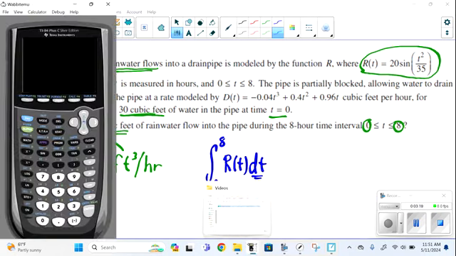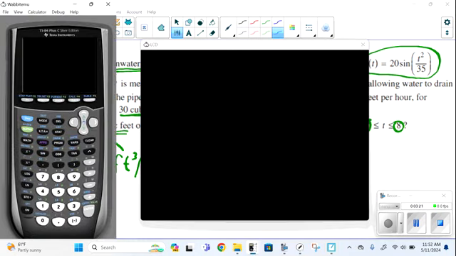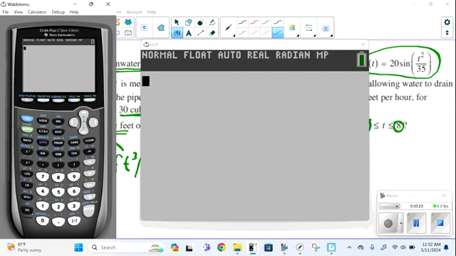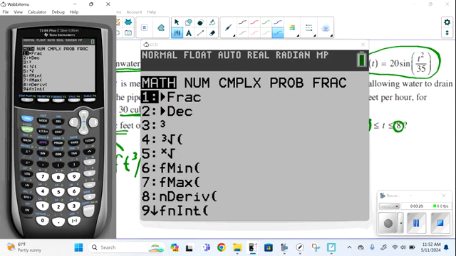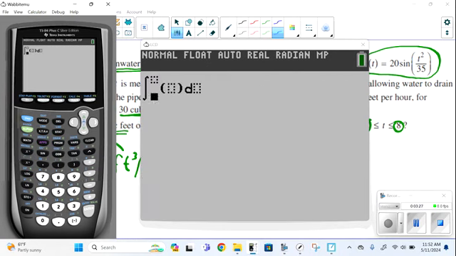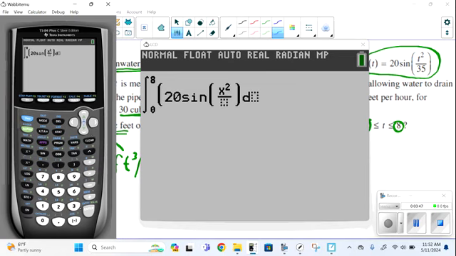So here we go. Let's turn this on, and we are going to go math. 9 is my integration from 0 to 8, and I'm just going to put r of t into the integral. So we have 20 times the sine. We'll create a fraction here. We're going to use x instead of t, x squared over 35.